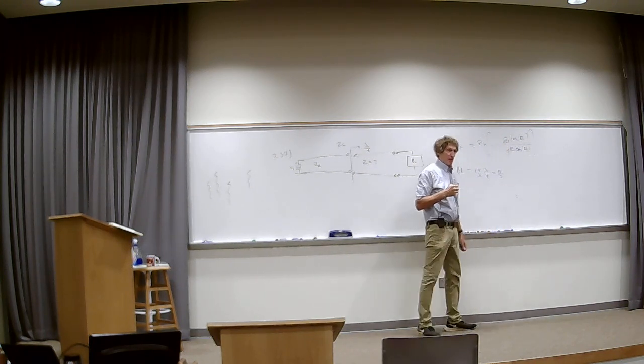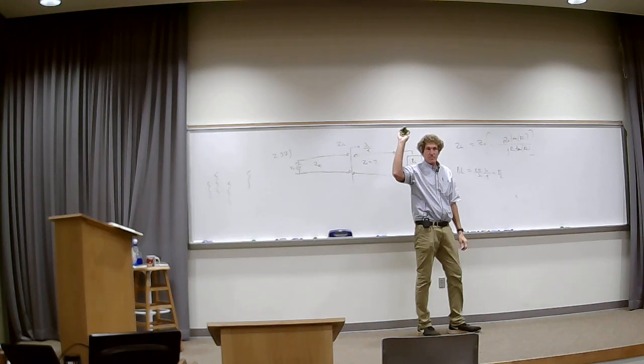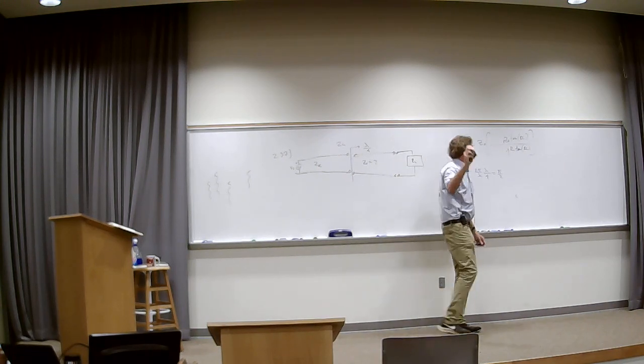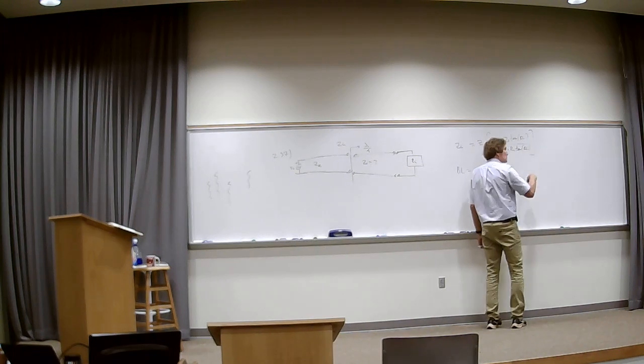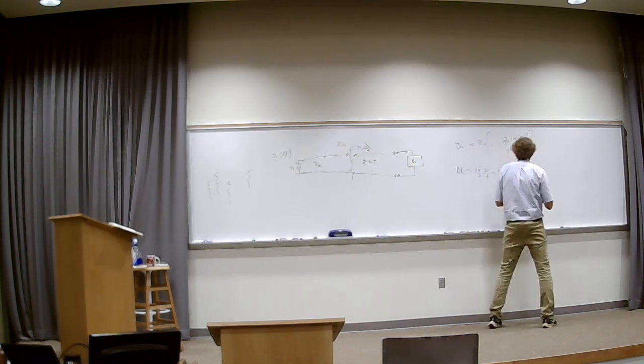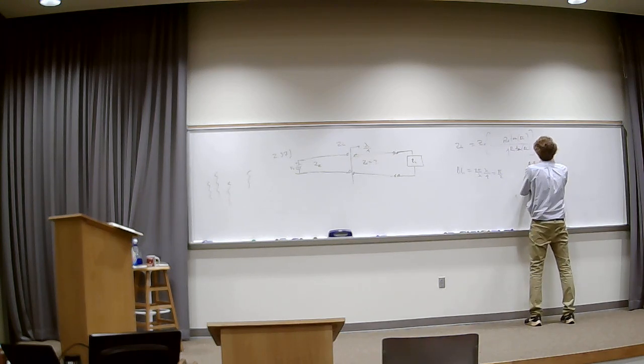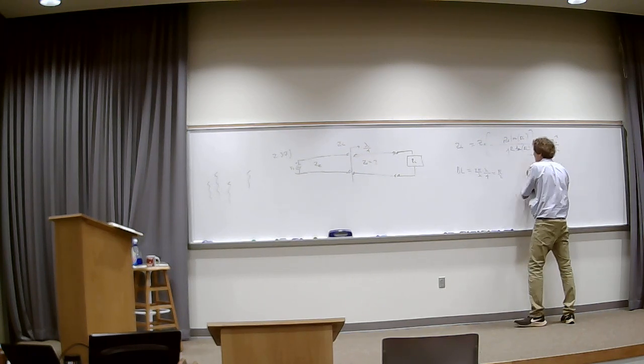Do you all agree with that? The tangents will cancel out, since they're both going to infinity at the same rate. So the input impedance is simply going to be equal to Z naught squared over RL.